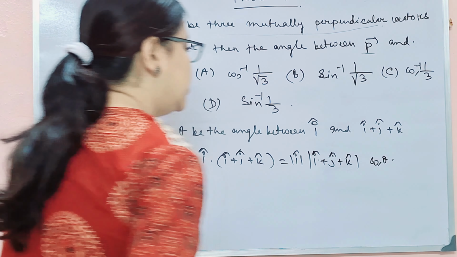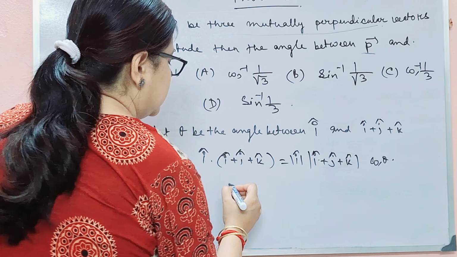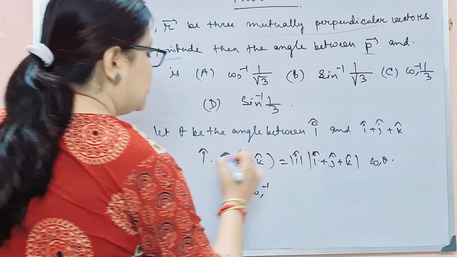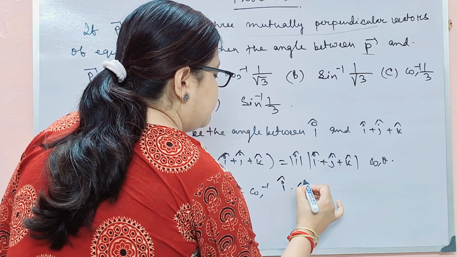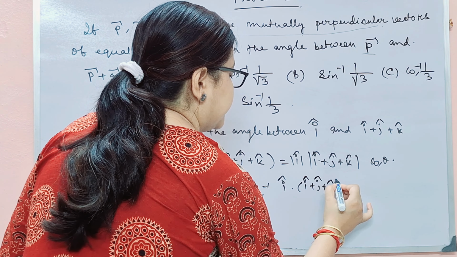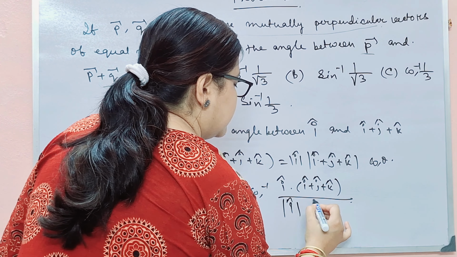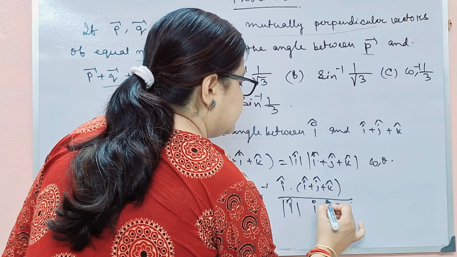This is the definition of a scalar product or dot product. So theta will be cos inverse of i dot (i plus j plus k) divided by mod of i into mod of (i plus j plus k).